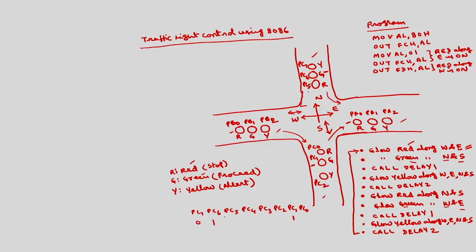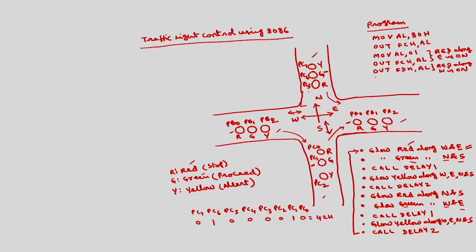PC1 and PC6 should be 1s. Remaining all will be zeros, because some of these pins we have used for LEDs in other directions, and I do not want to glow those LEDs. So, what is the hexadecimal equivalent? 42H.